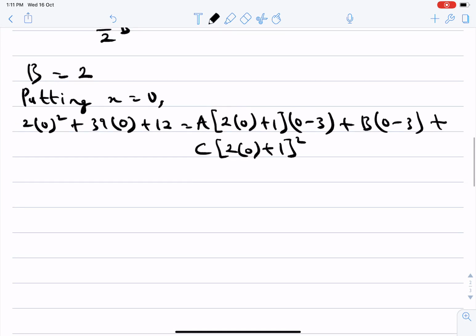And that means 12 equals, the only thing we'll be left with on the left hand side is 12. And on the right hand side we have minus 3a minus 3b plus c.